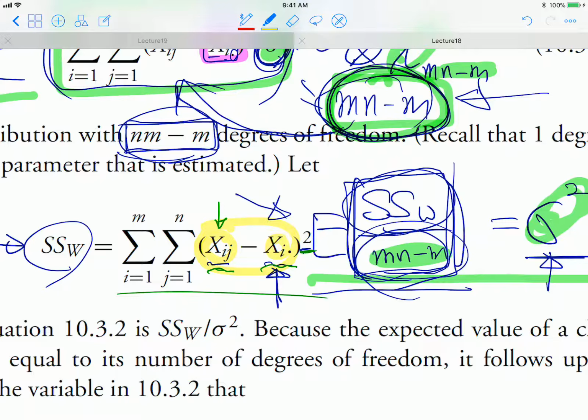And then x_i dot is an estimator for the mean of each different group. So we are using different estimate values of different groups' mean value, right? In that case, because we are using a different estimator for the means of different groups, it is valid both when the null hypothesis is true or not, right?